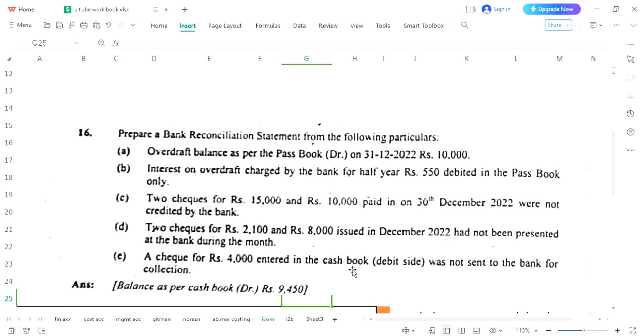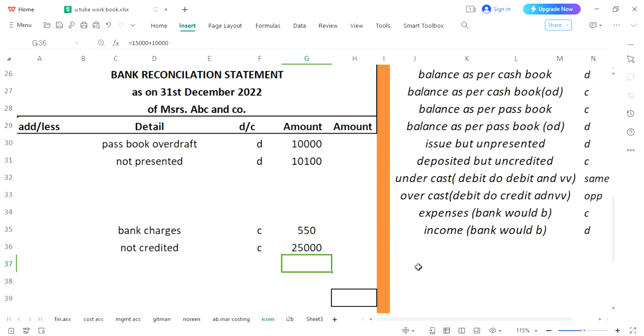The amount written on the debit side shows that your bank has increased, but you forgot to deposit that check into the bank. It means the amount written on the debit side is wrong. So for a wrong debit, we will do the opposite. It should be written on the credit side.